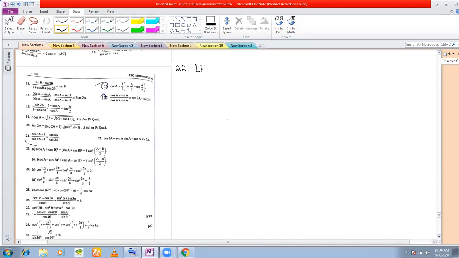Start from the left hand side. Tan 2a minus sec a sin a. Okay. So you have to prove this is equal to tan a sec 2a.